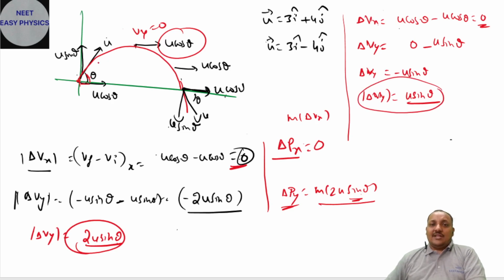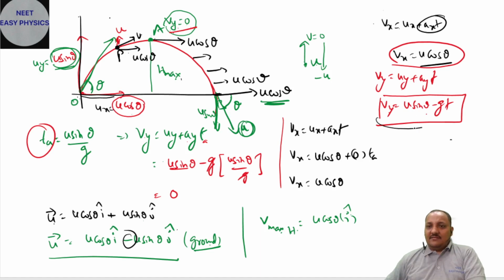What is the change in velocity after t time, they will ask. After t time, what is its velocity we said? Vy is equal to u sin theta minus gt.